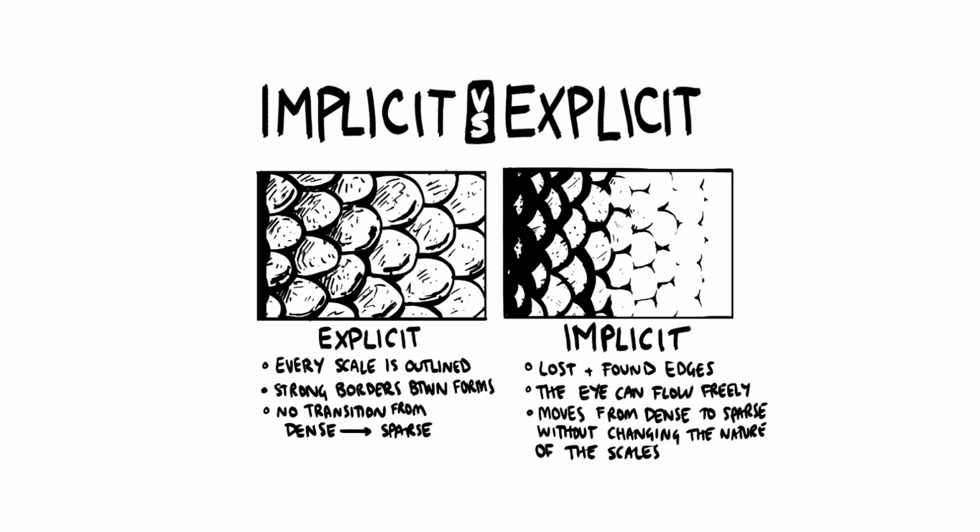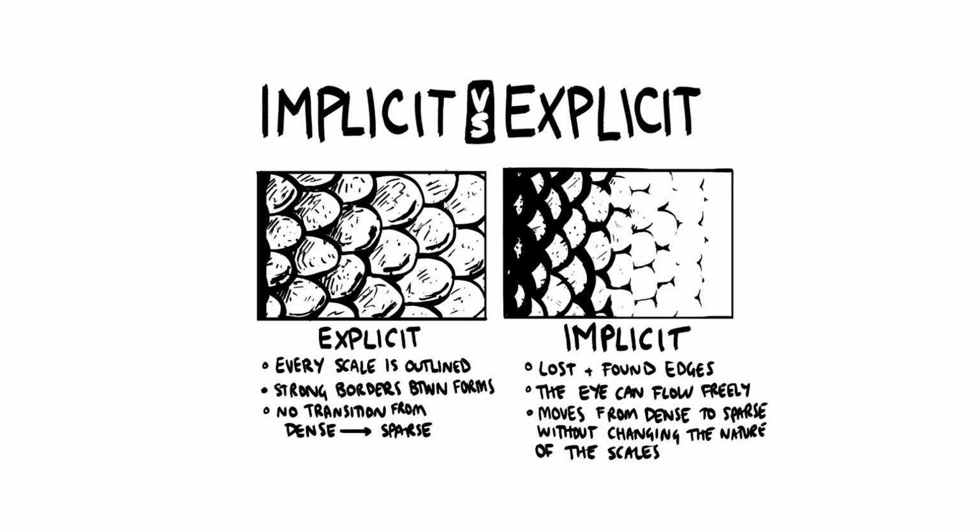The reason it's useful is because when you're drawing things explicitly, you've basically made a contract with the viewer. You've made a contract saying that I'm going to draw everything that is present on this object, and anything I do not draw is not there.